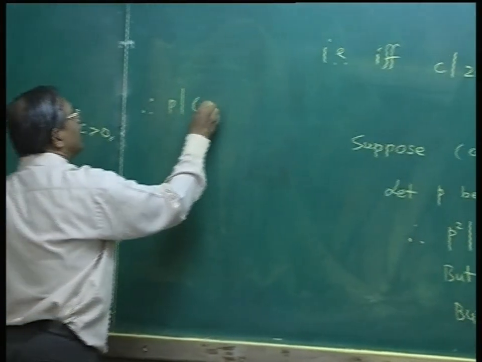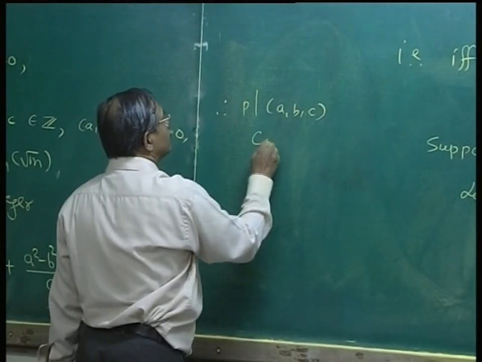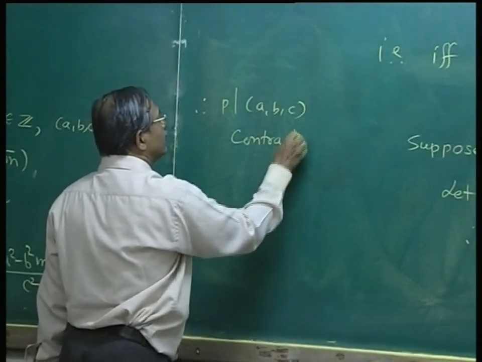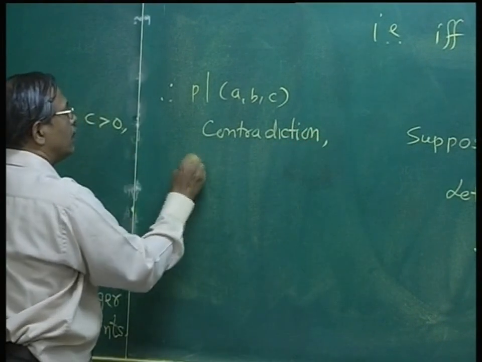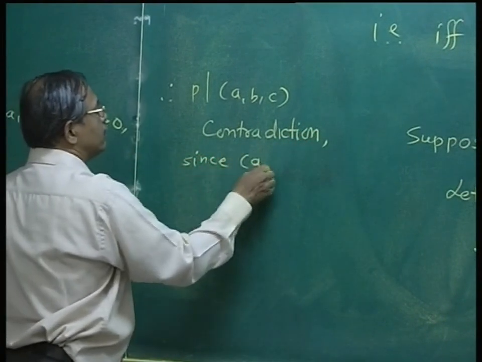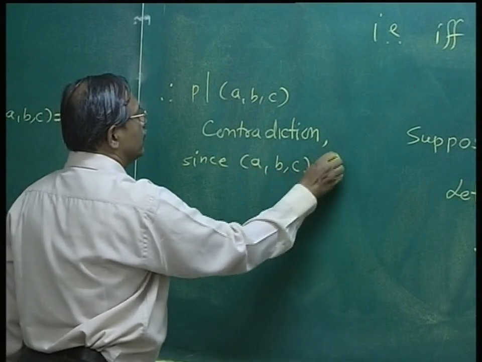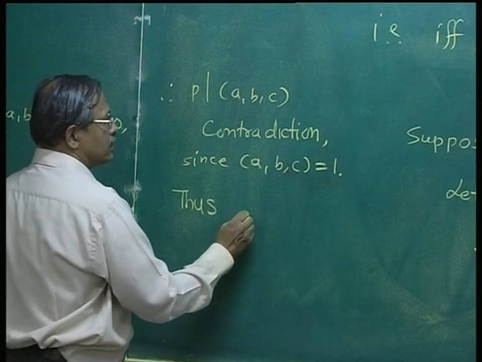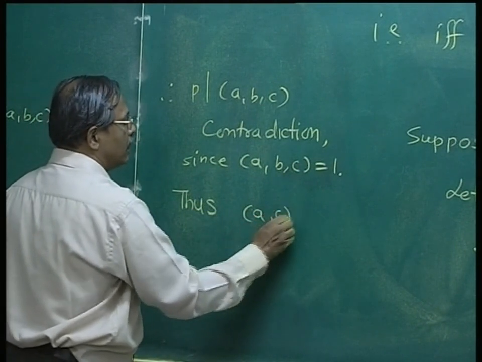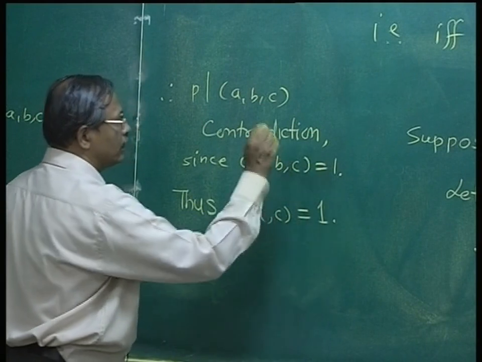This is a contradiction, because we are assuming that gcd of a, b, c equal to 1. And this shows that gcd of a and c must be equal to 1.